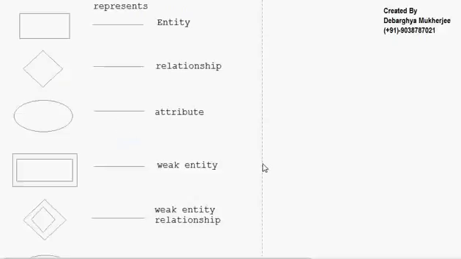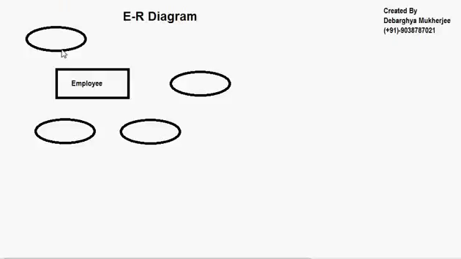Attributes are represented by an ellipse. We simply join our attributes with our entity, and we also write the name of the attribute.